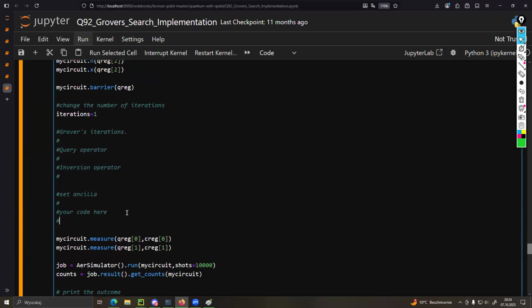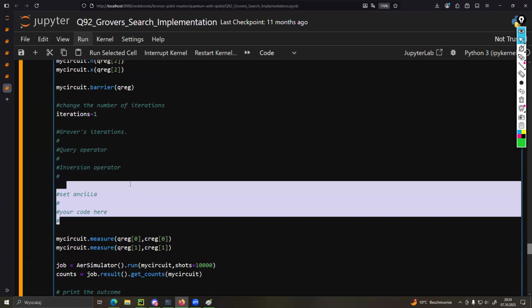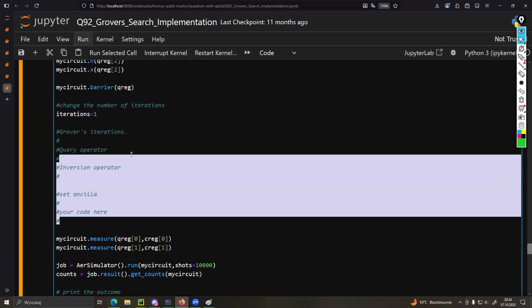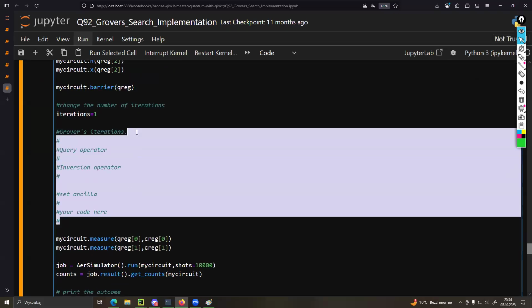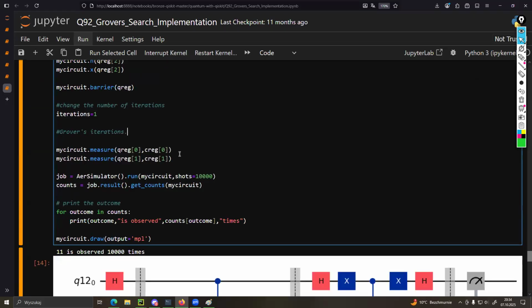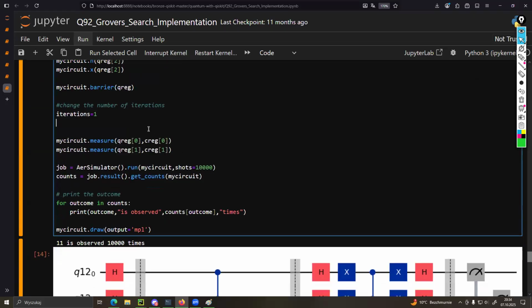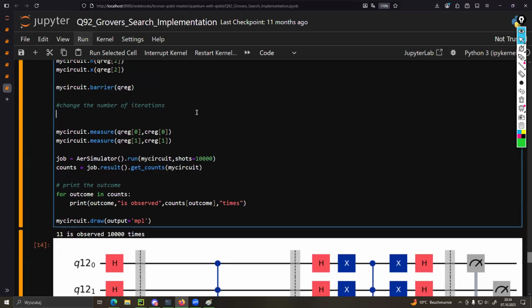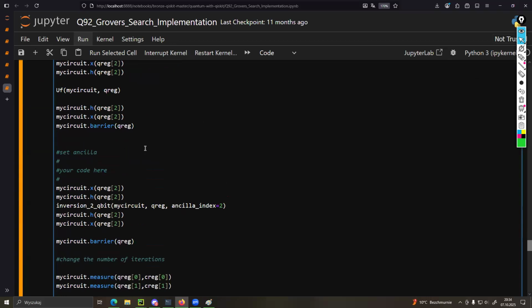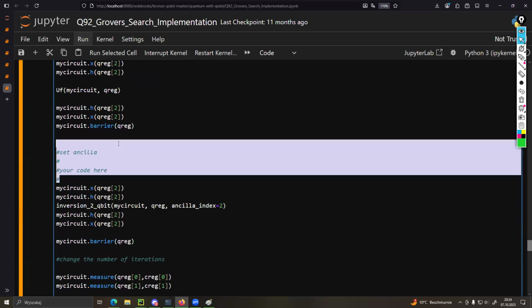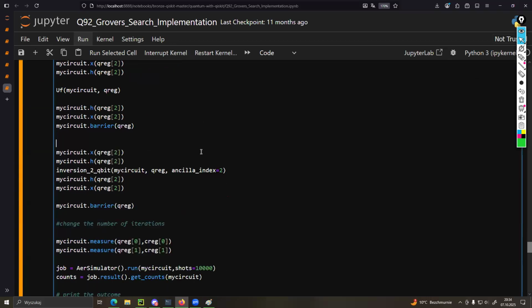Set ancilla, I will remove this because I have coded it quite differently in this. So this is the diffusion.